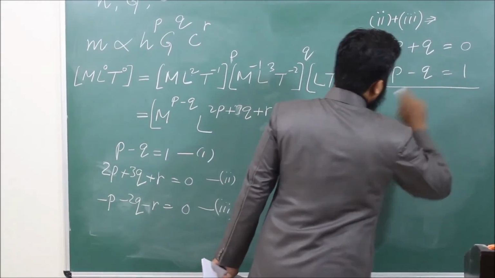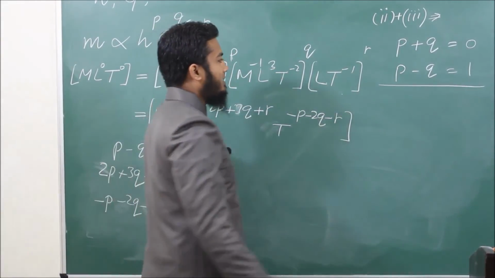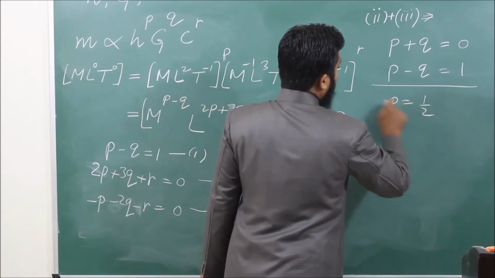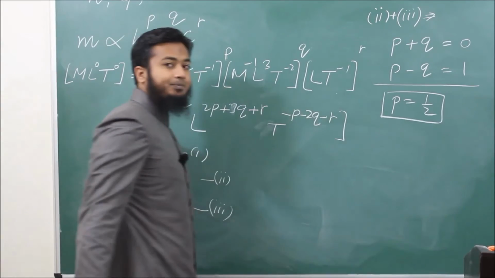Now if I add these two equations, the q will cancel out, and you will have 2p equal to 1, or p is equal to half. So you found the value of p.